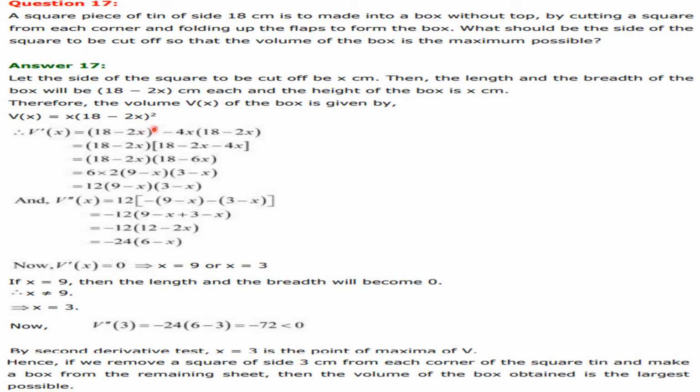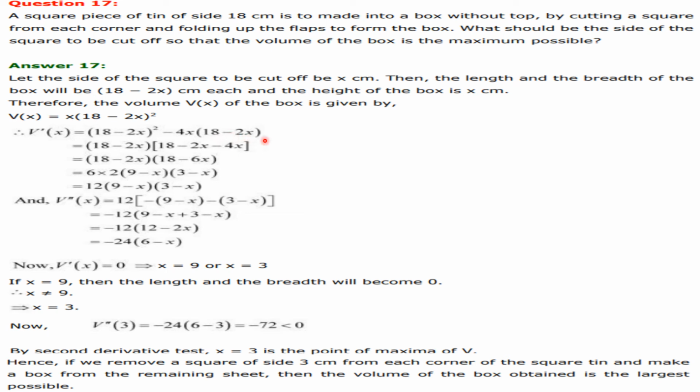So we get 2 into 18 minus 2x. Again we have to find the derivative of this function. The derivative of 18 is 0 and the derivative of the other term is minus 2. So already 2 is there, so minus 2 into 2. We get minus 4 into x into 18 minus 2x.